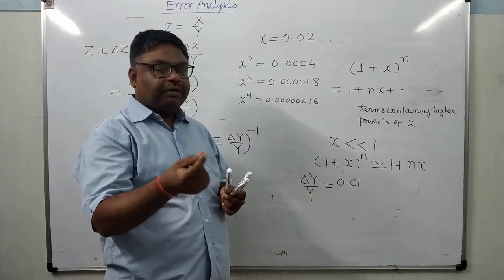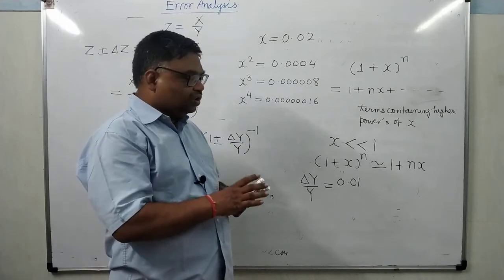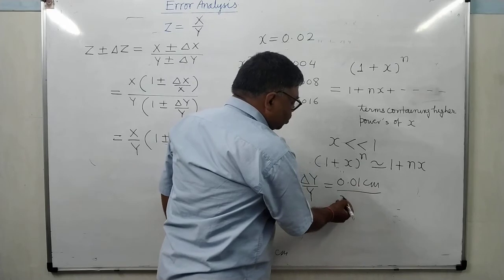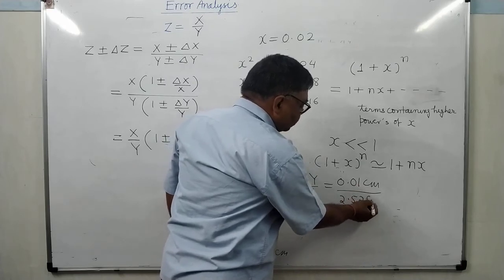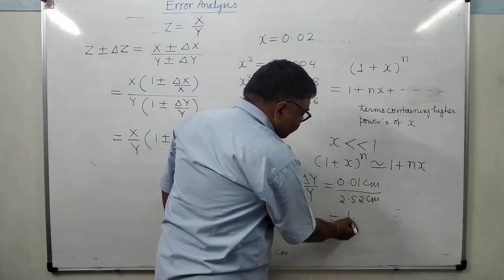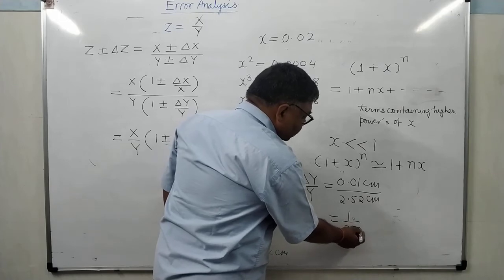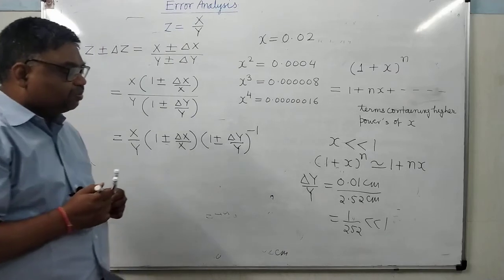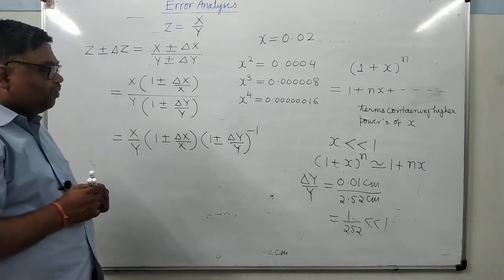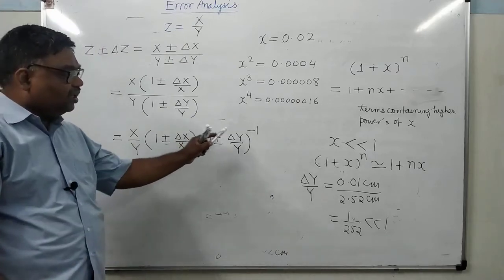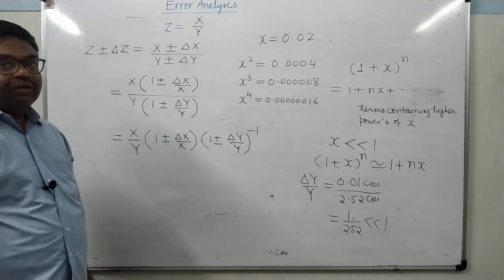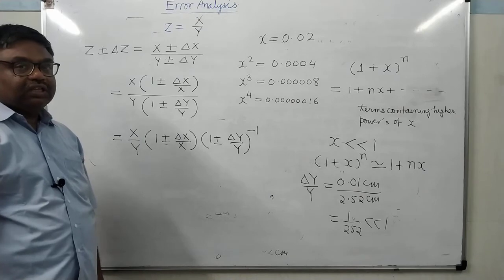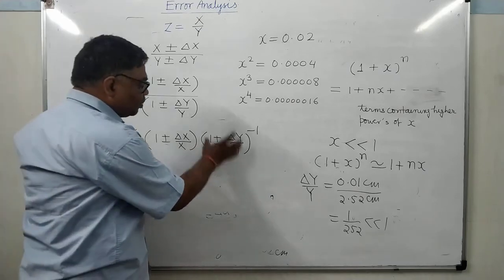Delta y, the absolute error in the length, is 0.01 centimeter, and the true value is 2.52 centimeter. What will happen? 1 upon 252. This will be much smaller than 1. When it is much smaller than 1, we will write its expansion only up to 2 terms. It's clear? We will write its expansion only up to 2 terms.